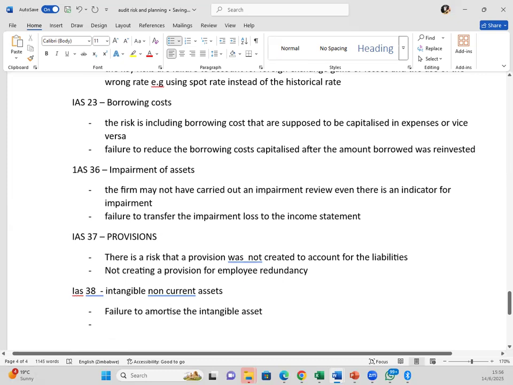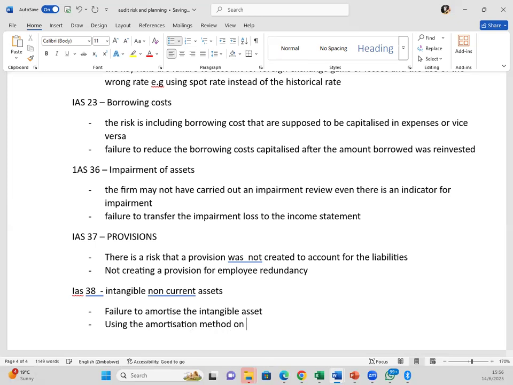Then also using the amortization method on intangible assets that have an indefinite life. Remember, if intangible assets have an indefinite life, you don't amortize them, but you review for impairment annually.